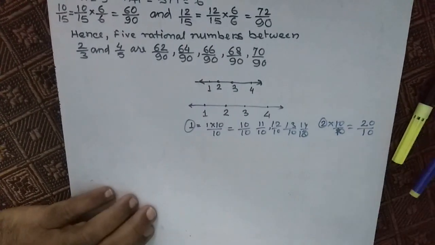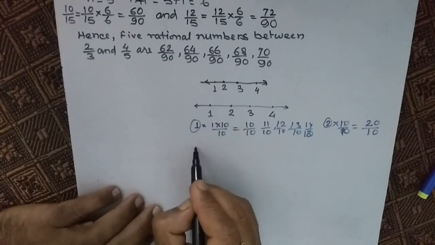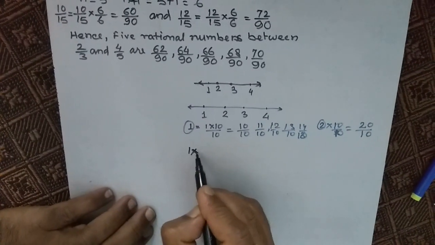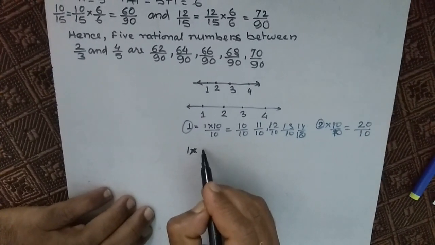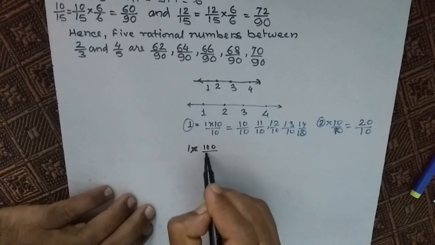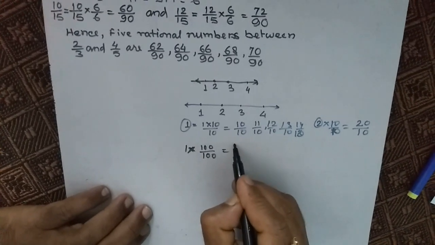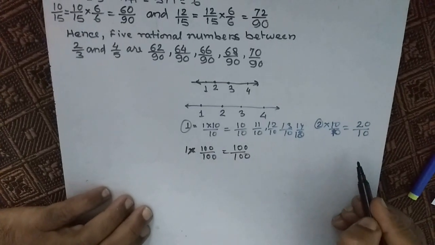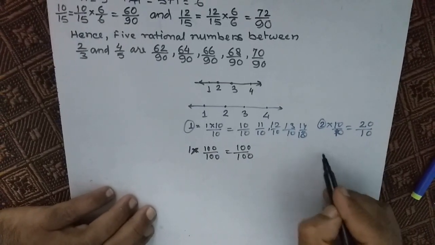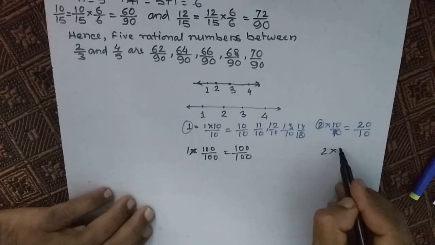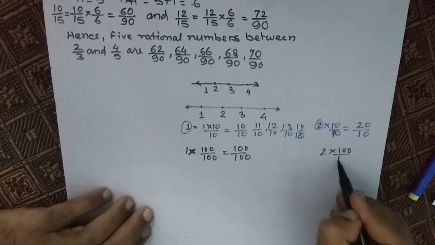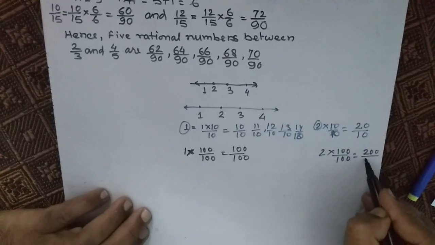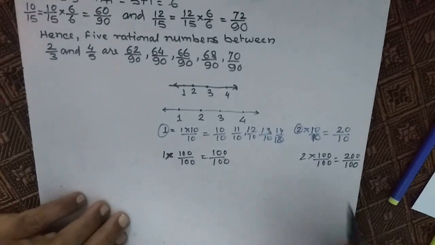But if anyone multiplies and divides 1 by 100, then it is 100 by 100. And another number, you multiply it by 100 and divide by 100, it becomes 200 by 100.